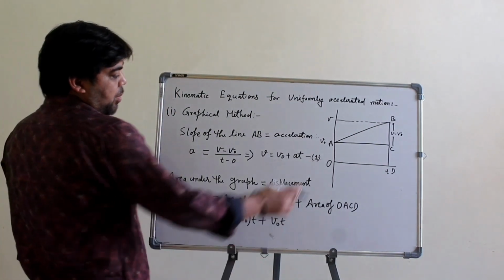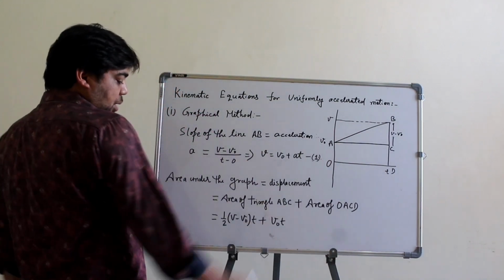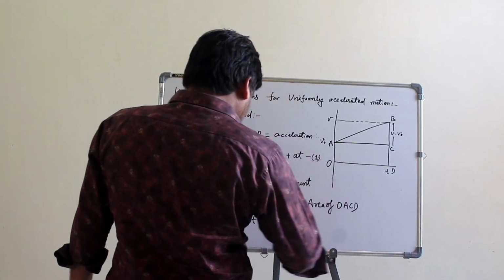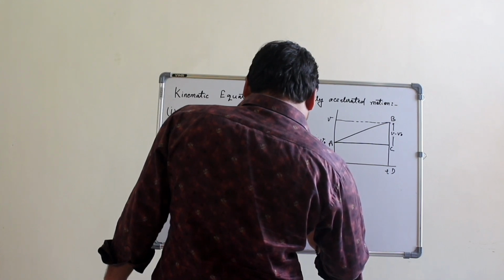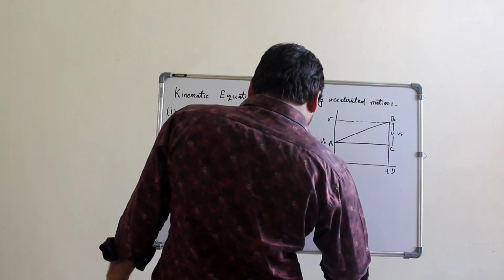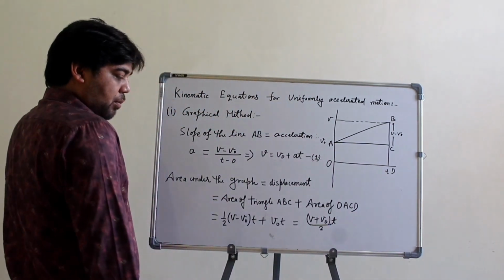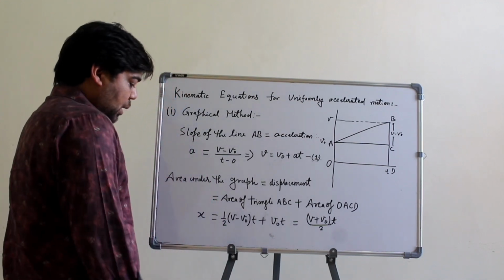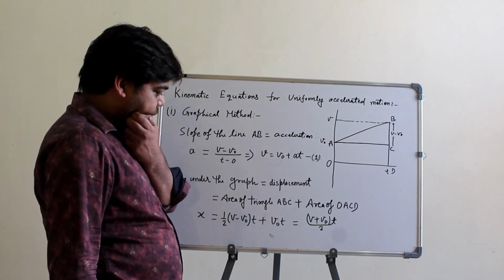So what exactly we have got is V plus V naught divided by 2 into T. And this is the displacement x. So x equals (V plus V naught) into T divided by 2.